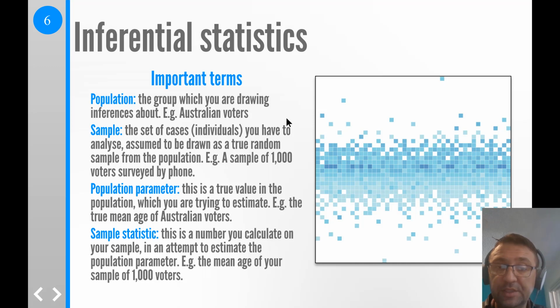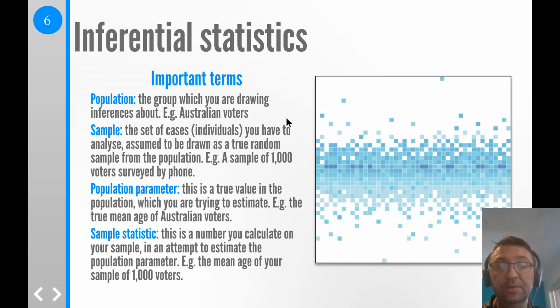Inferential statistics: these are a few important terms and concepts. In inferential statistics, we draw a strong distinction between the population, which is the group you're drawing inferences about. So that might be Australian voters, or people in China, or people in America.